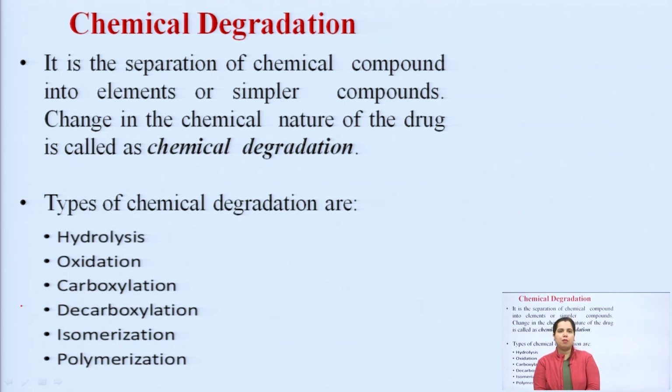Chemical degradation is the separation of chemical compounds into elements or simpler compounds. A change in the chemical nature of a drug is called chemical degradation. When the drug is chemically changed during storage, that is, when we formulate the preparation and keep it for further use, that period is called the storage period.